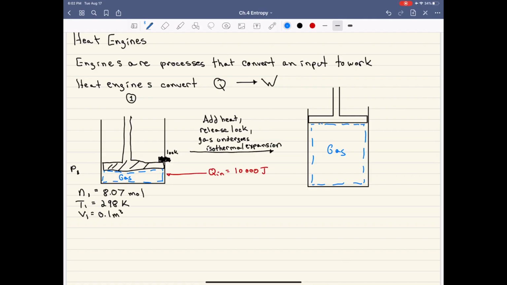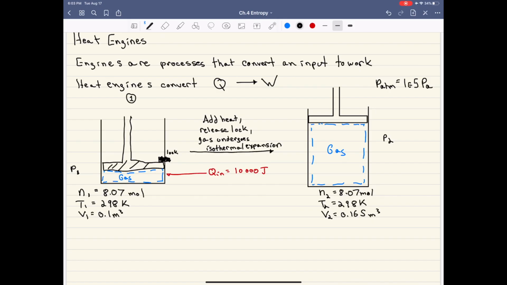Where the system is now at some pressure 2. The amount of moles in the system, still the same. It's an isothermal expansion, so the temperature didn't change. But the volume is now 0.165 meters cubed. The other thing I'll say is that all throughout this entire process, atmospheric pressure stayed at 1 times 10 to the 5th pascals.